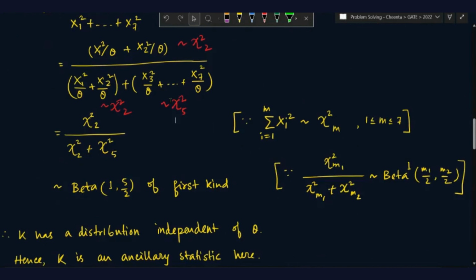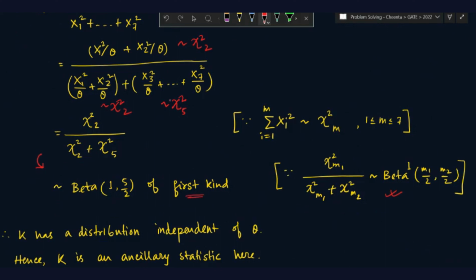Now we have chi square m1 by chi square m1 plus chi square m2. This follows beta m1 by 2, m2 by 2 of first kind. So this follows beta 2 by 2, 5 by 2, that is beta 1, 5 by 2 of first kind.